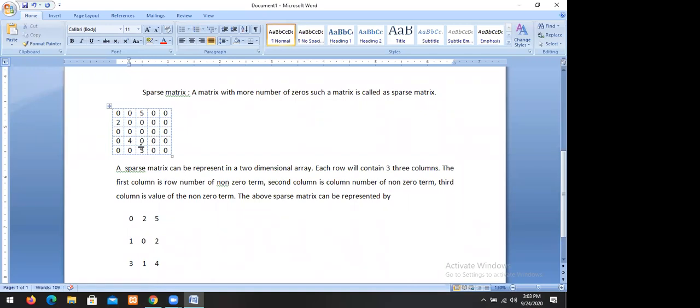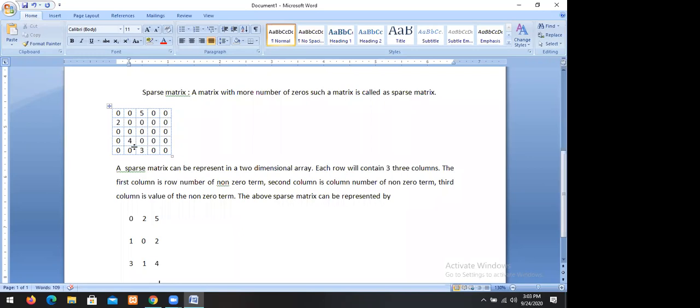What is a sparse matrix? A matrix with more number of zeros, such a matrix is called a sparse matrix. Sparse matrix can be represented in a matrix form. Here we can store only the non-zero terms and the remaining are zero terms.